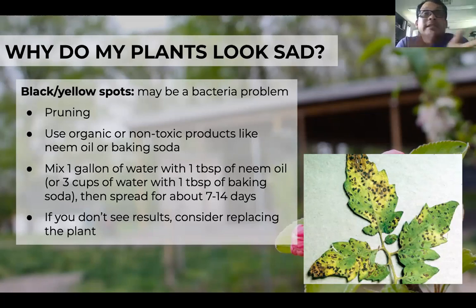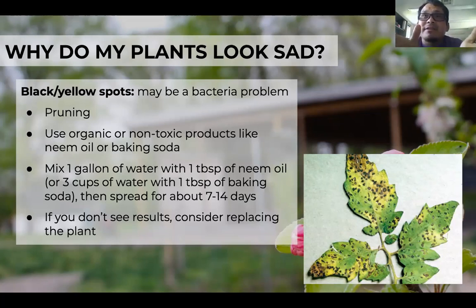But let's say it's already spread on the whole plant, and you can use some organic and non-toxic products like neem oil. I think this is my favorite. But if you don't have neem oil, you can use baking soda too. I have some recipes with it. You can find a lot of recipes. I have this recipe, 1 gallon of water with 1 teaspoon of neem oil if you want neem oil, or 3 cups of water with 1 tablespoon of baking soda.